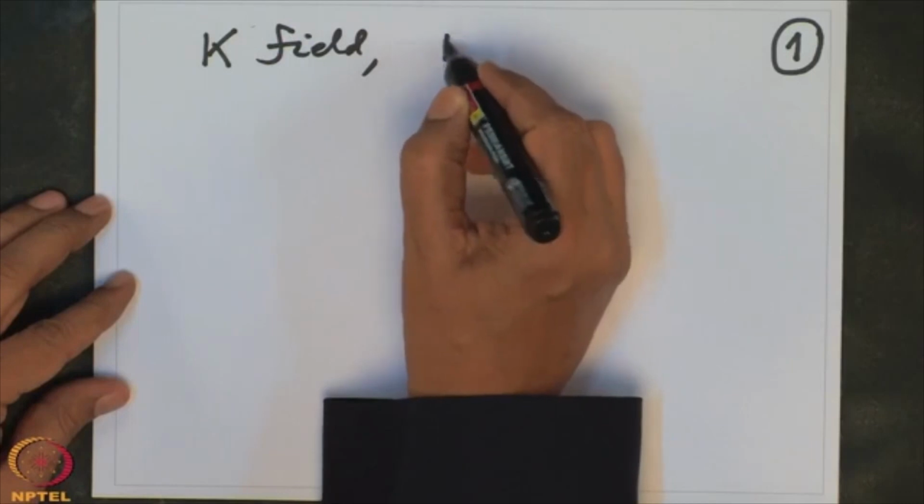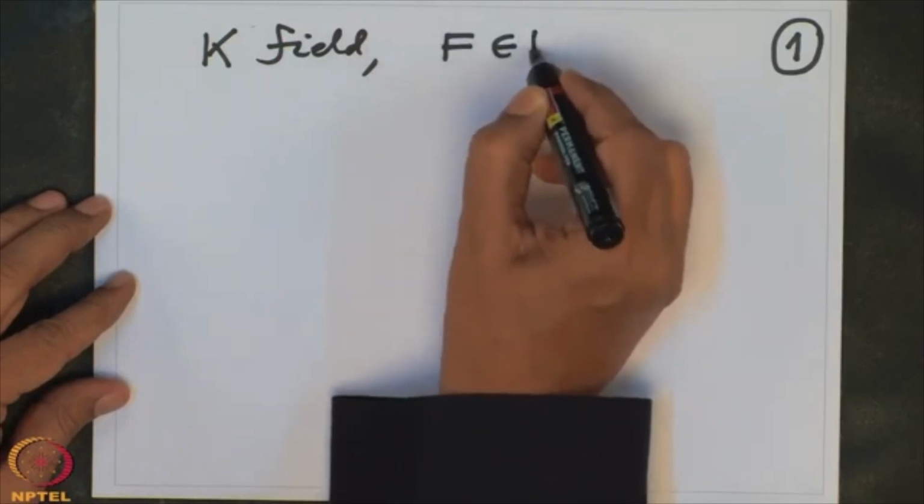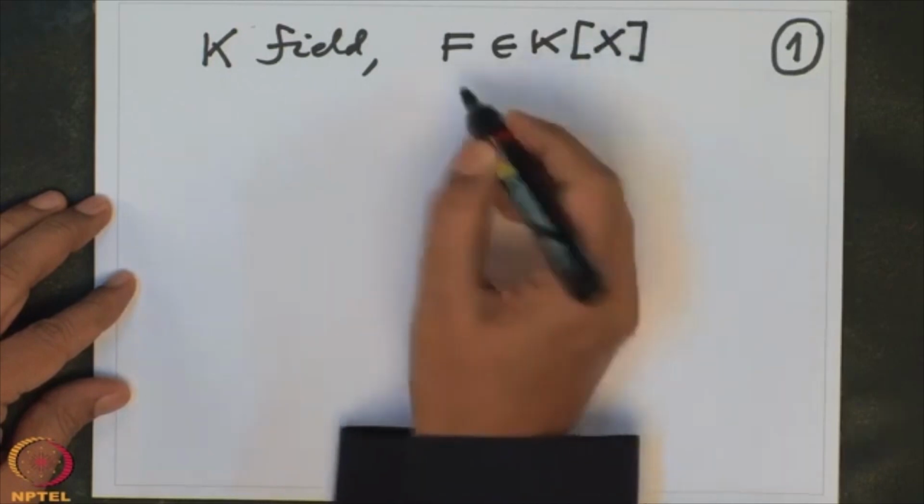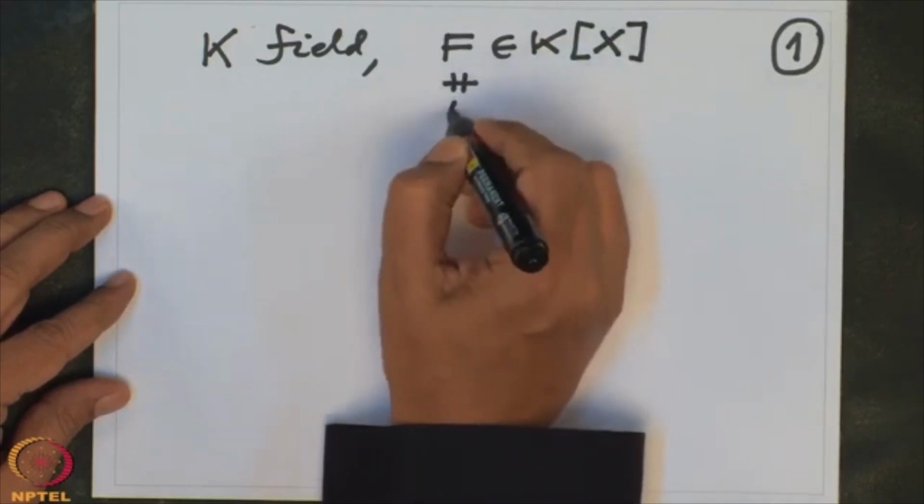So, K is a field, arbitrary field, and f is a polynomial with coefficients in K, and let us assume f is non-zero.